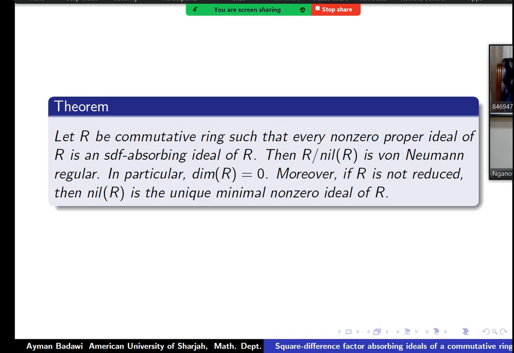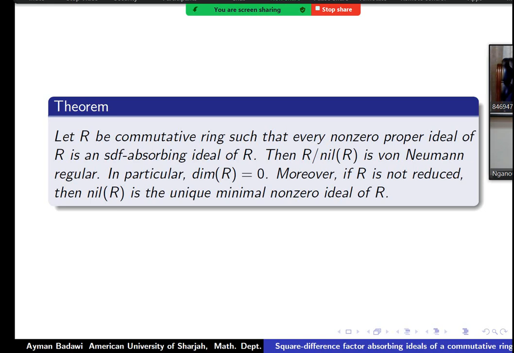Von Neumann regular rings appear again. If every non-zero proper ideal of R is an SDF absorbing ideal, then R mod the nil of R is von Neumann regular. Of course, you know the nil of R is the set of all nilpotents.